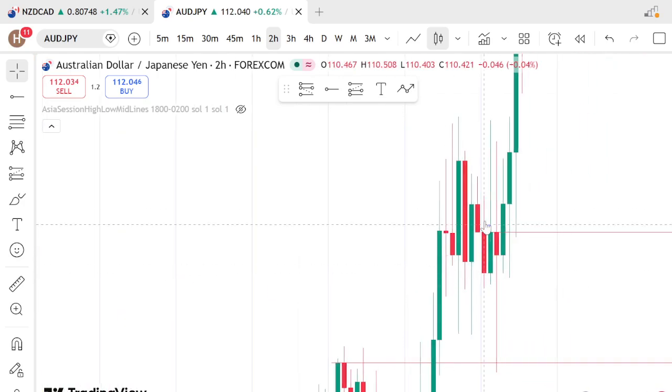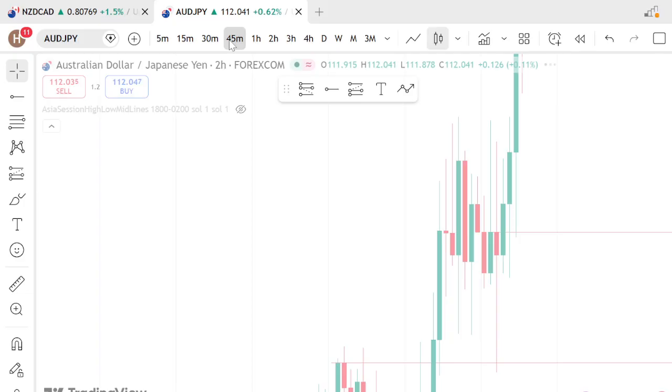On 2 hours, we also had this breakout. Well, on 2 hours, this was another entry though. But this was not the initial entry I worked with. Let me check 45 minutes again.